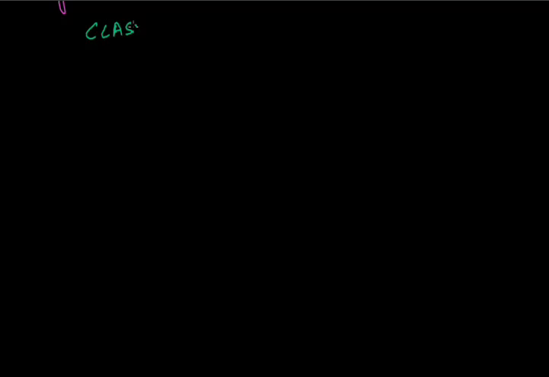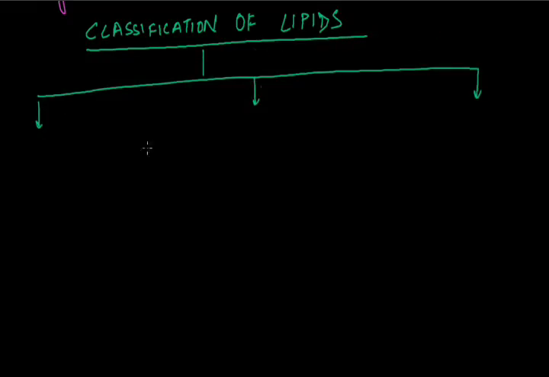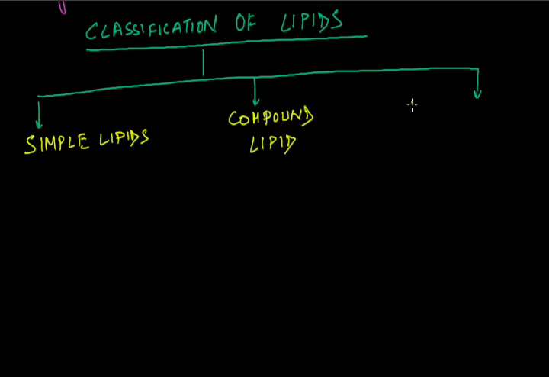Next is classification of lipids. Classification of lipids will broadly divide lipids into 3 categories. Simple lipids. Next is compound lipid, and next is derived lipids.